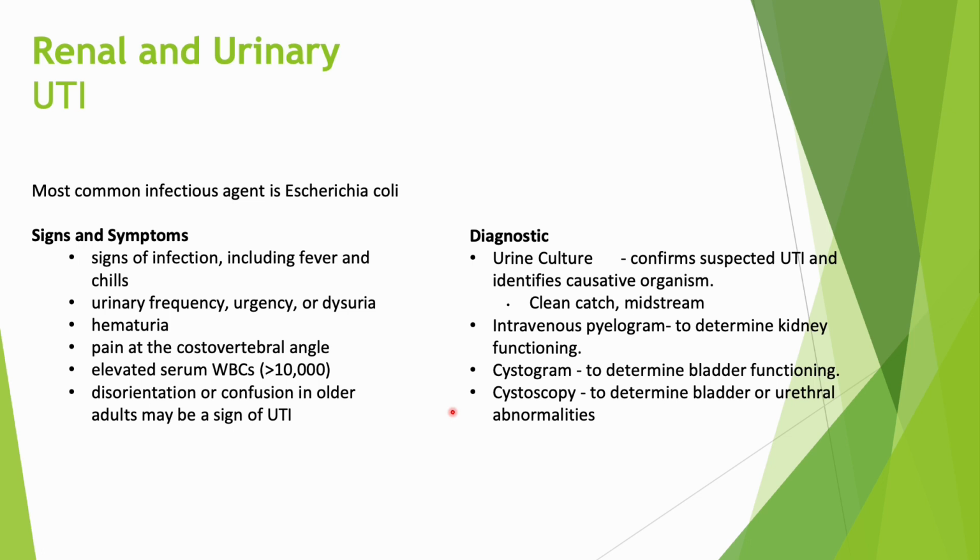I would also add in delirium, which is another one that we normally get in the elderly. I love how Escherichia coli is the most common infectious agent, because that's also a question I've seen pop up. Yes, urine culture and sensitivity confirms suspected UTI and identifies the organism. The sensitivity is going to let you know what it's sensitive to, so we know what antibiotic therapy to use. Yeah, I like everything about it.